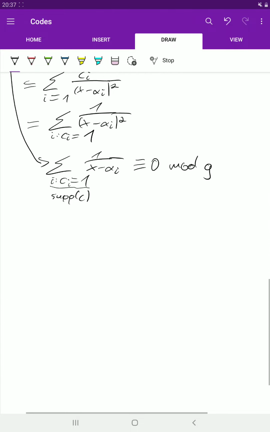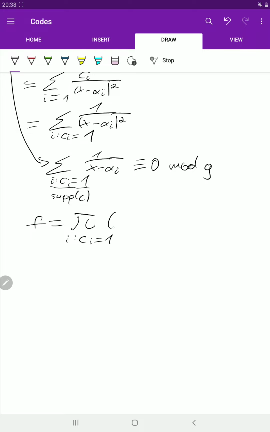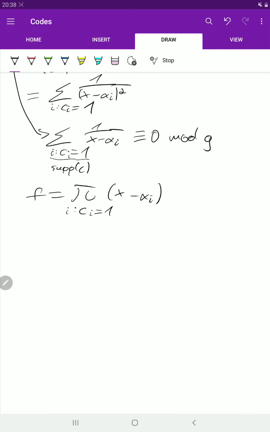So now there's a trick, and namely the trick is to define a polynomial f where we just take the i where ci is equal to 1, and then we take the product over the x minus alpha i.